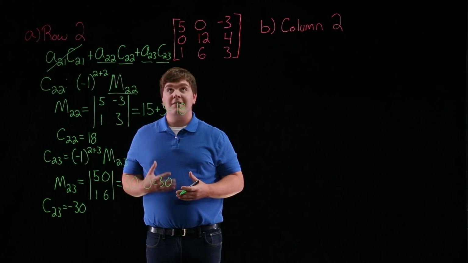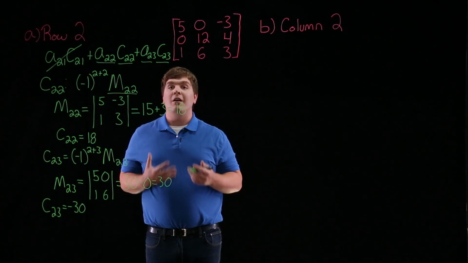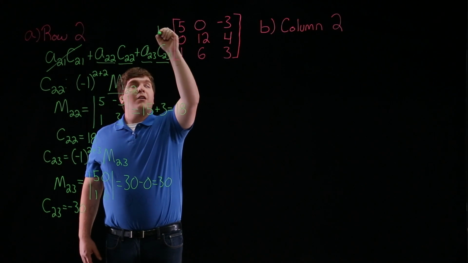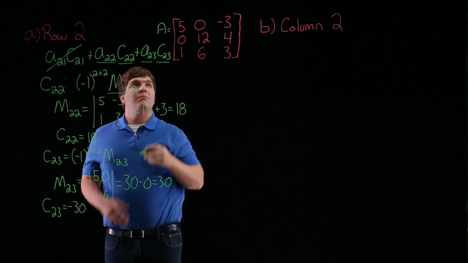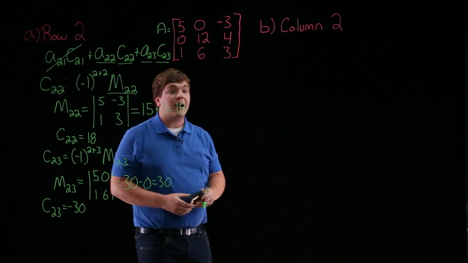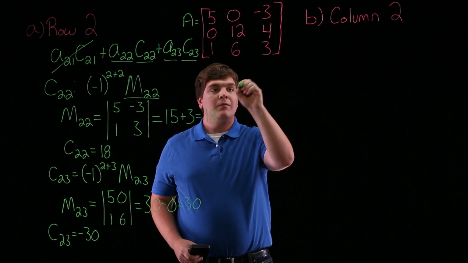Now we can tie all of this together and find our determinant of our matrix. Just to make notation easier, I'm going to give our matrix that we started off with a name. I'll call it A. And now we can calculate the determinant.